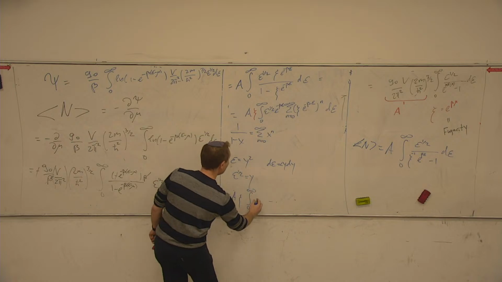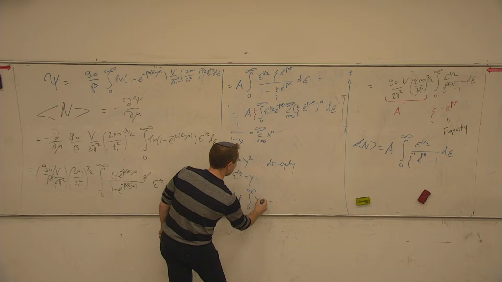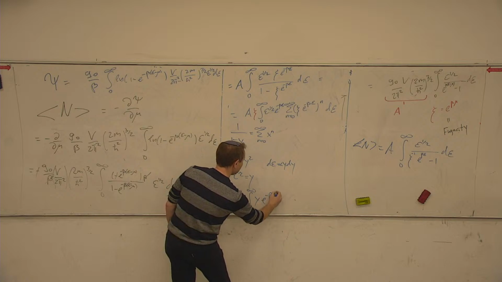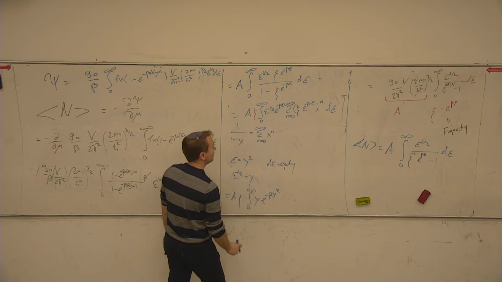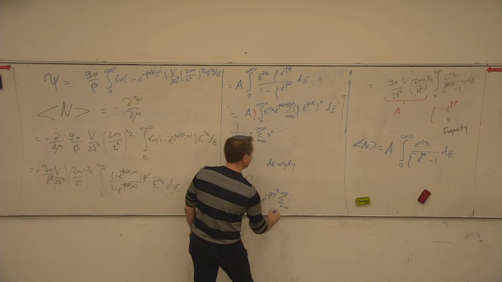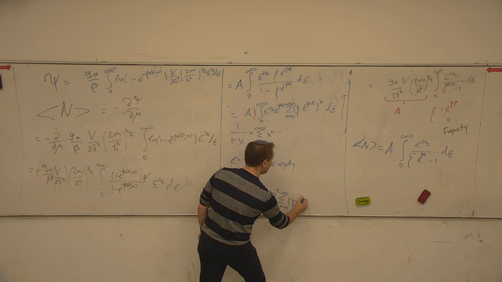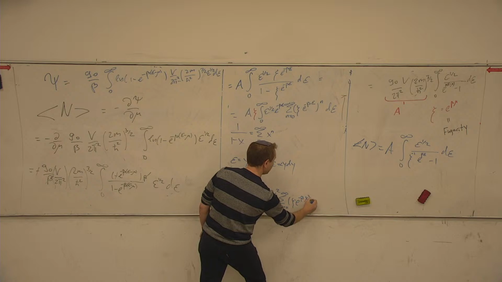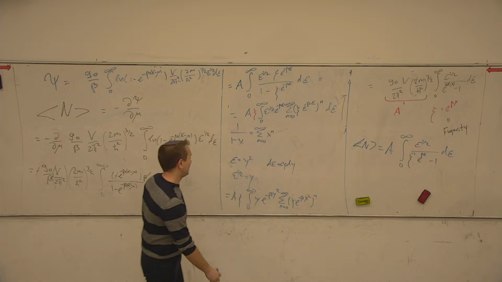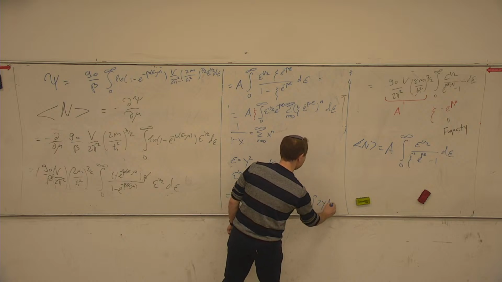Here we have y e to the power minus beta y squared, a sum n goes from 0 to infinity, fugacity times e to the power minus beta y squared, to the power n. And here we have 2y dy.